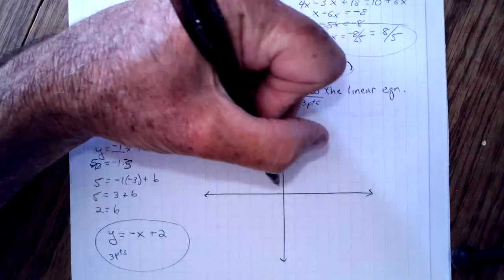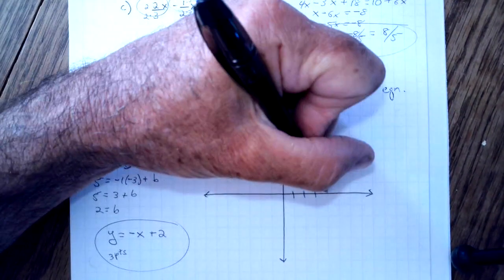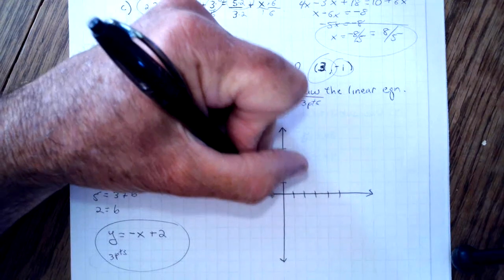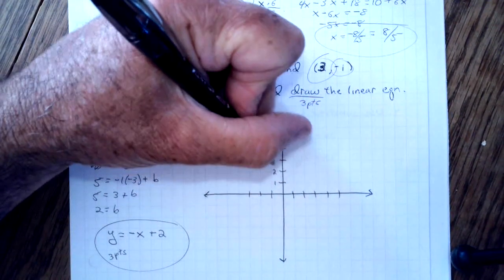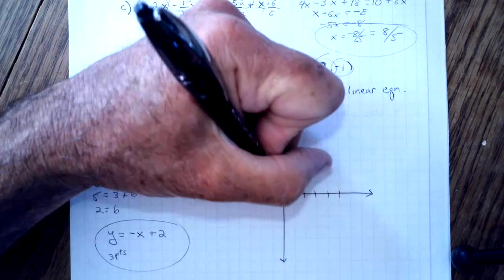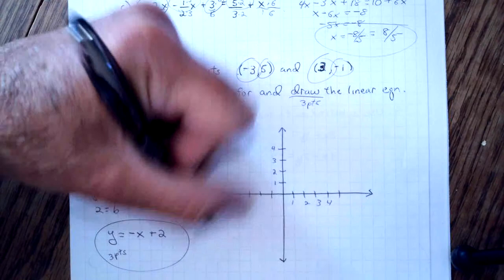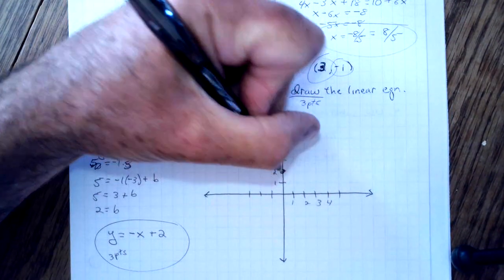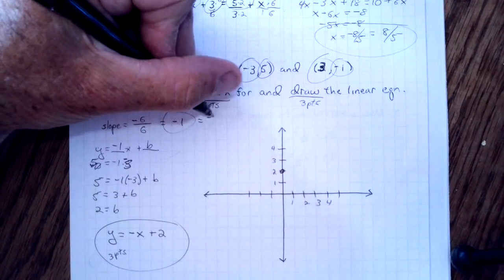To draw that, I'm going to make my graph. And these are going to be counted by onesies. 1, 2, 3, 4. 1, 2, 3, 4. The y-intercept is at 2. Make a dot. The slope is -1, or -1 over 1.